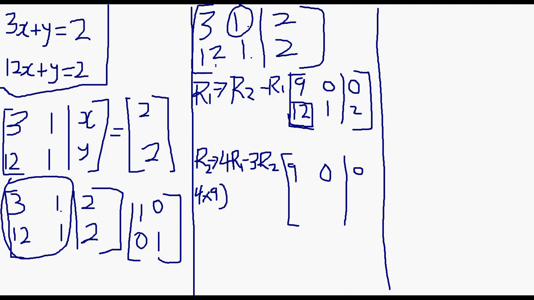Right. Minus 3 times 12, which is the row 2 here. When we do that, we are getting 36 minus 36. Right. 36 and 36 is what? 0.